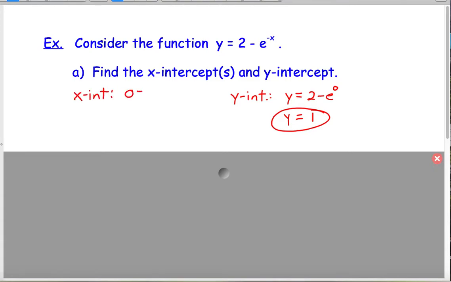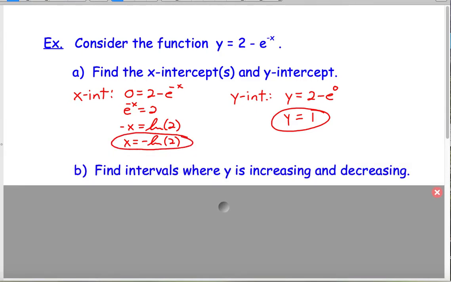So we have 0 equals 2 minus e to the negative x, or e to the negative x equals 2. And so we could say negative x is equal to the natural log of 2, converting that to a log. And so x is equal to negative natural log of 2, so some negative decimal number. And those are our intercepts.